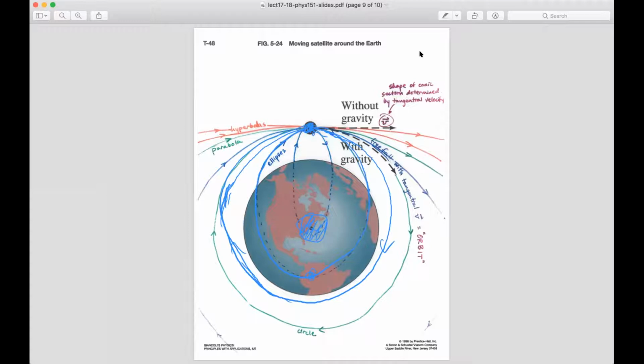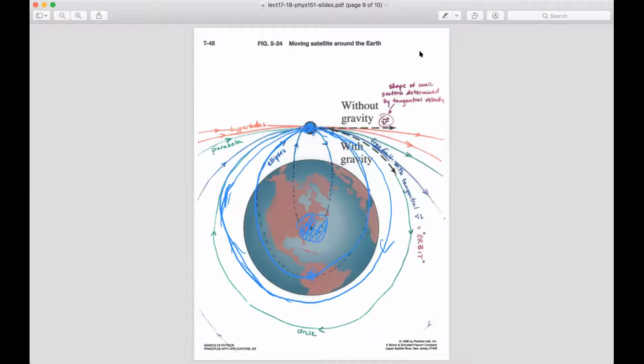If you've learned some analytic geometry, then you know that ellipses are a whole family of curves. They get more and more eccentric, or elongated, or less so. If you make them the least eccentric, then it's a perfect circle. So a circle is just a special case of an ellipse.